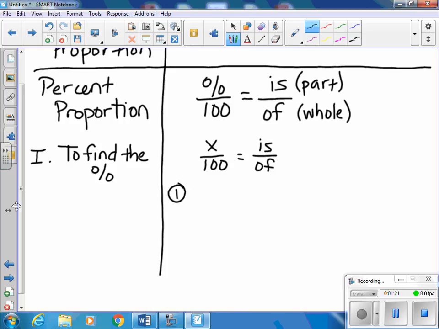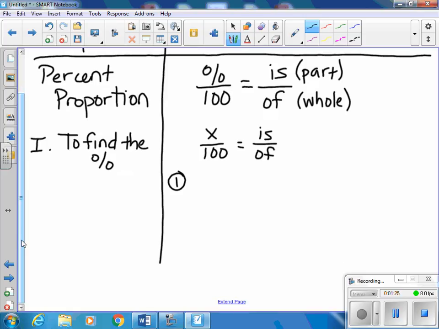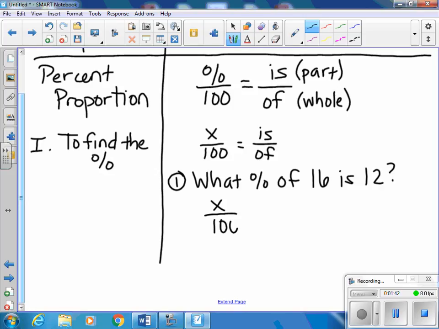But now that we have the generic, let's take a look at a problem that would involve numbers that you can actually put in place. What the question will ask you is something like this. It'll say, what percent of 16 is 12. So you'll notice when it says what percent, that's a big red flag that the percent is missing. So our proportion is going to be x over 100 equals, and then find your is and of words.